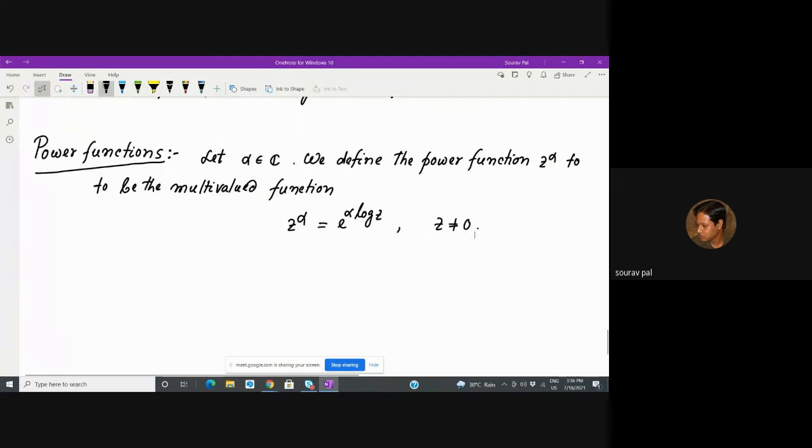So what are the values of z to the alpha as a function?